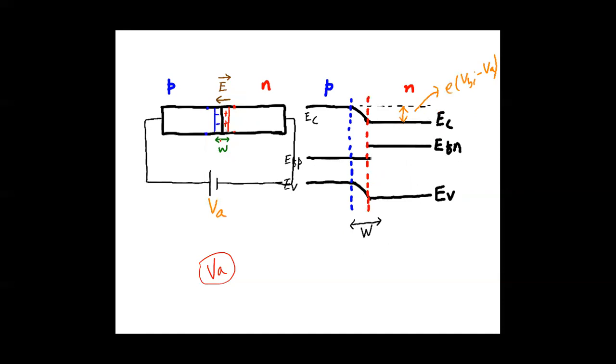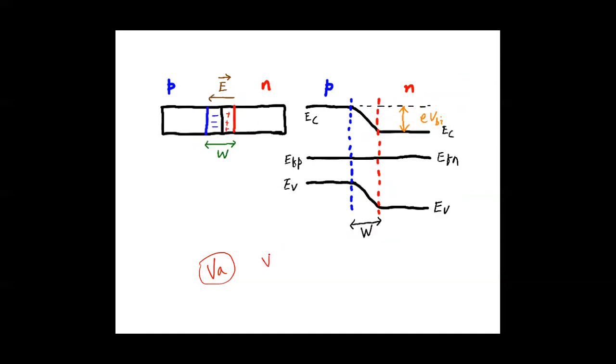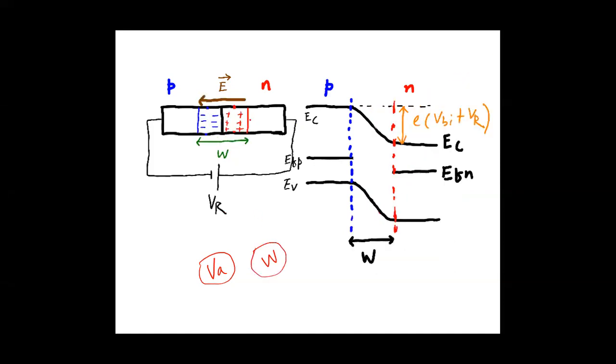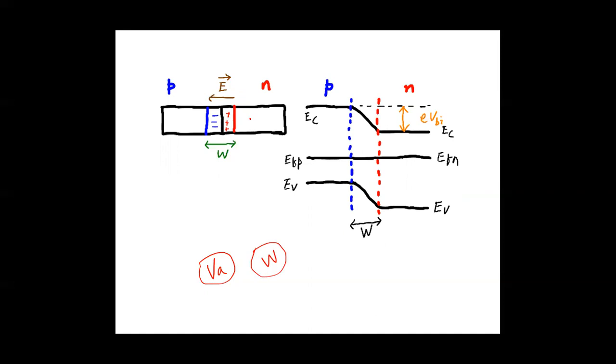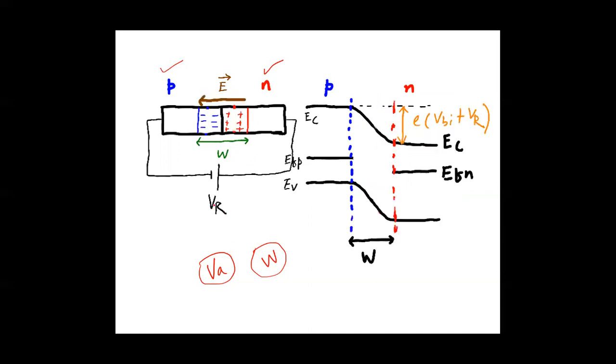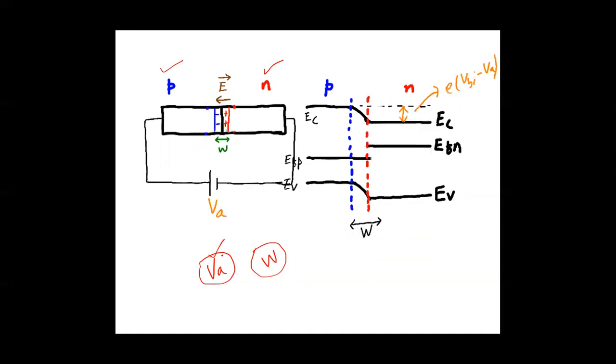As a result, the space charge width, shown as W here, will decrease, and the flow of the majority charge carriers from the N region to the P region will occur. So this is what we saw in VA, the applied voltage for the forward bias.